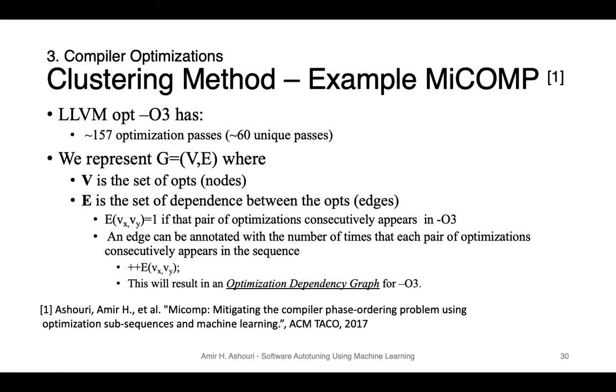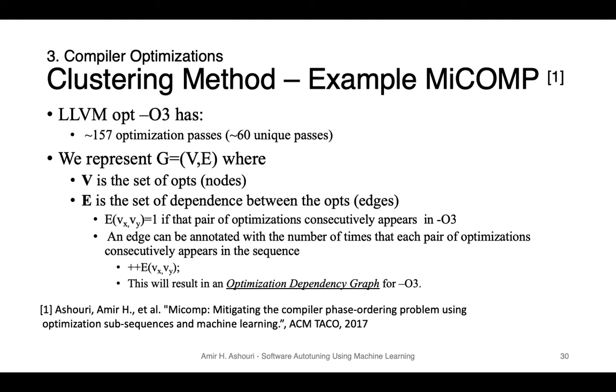We check every pair of these 60 unique passes within that sequence, and we count +1 every time a pass appears consecutively in that pass order. Like if you have loop unrolling here and CSE after it, this is going to add 1 to this matrix of counting.